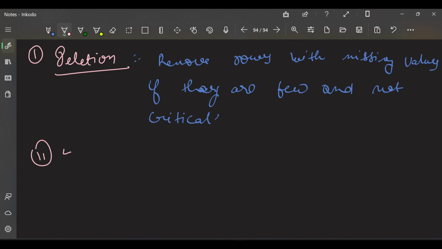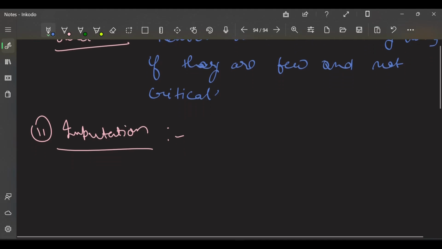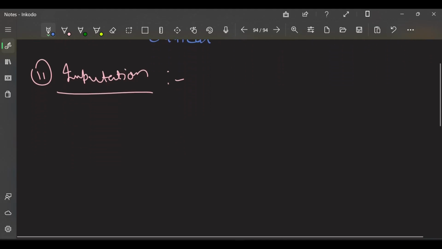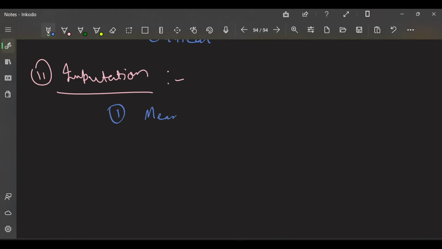Imputation means filling values. For that there are three types. Let me write it down. The first one is mean, median, and mode imputation.